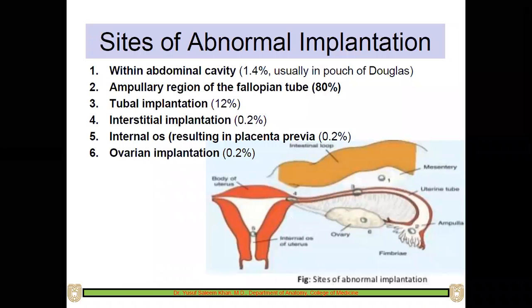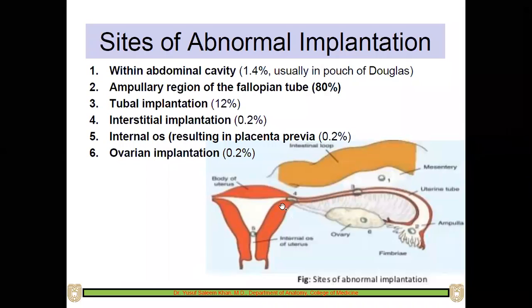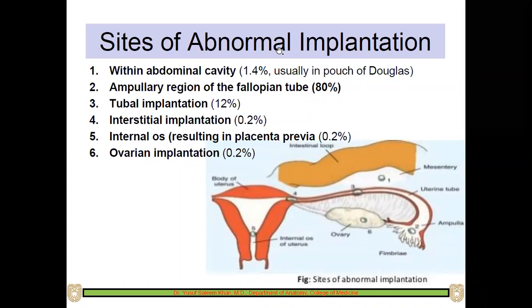So as I was telling about the importance of the zona pellucida, we'll just identify the different abnormalities of implantation. One of the common abnormal implantations will be within the abdominal cavity.